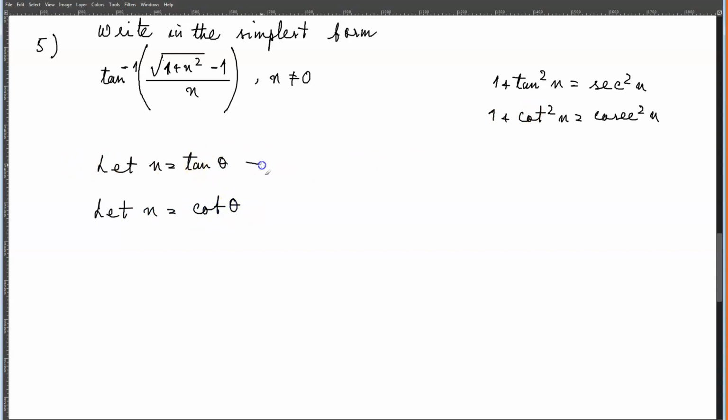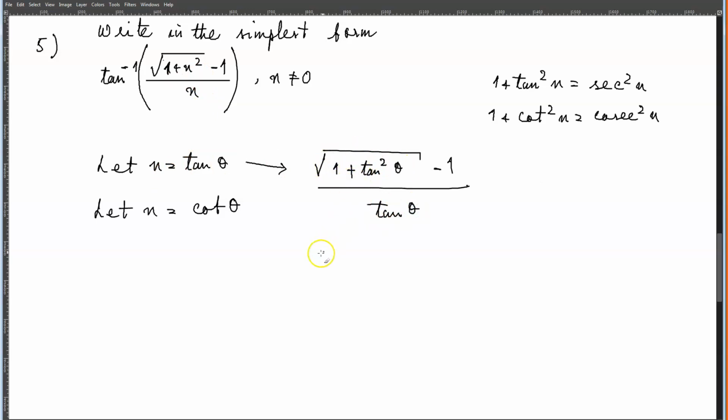If I say this one, then this whole expression becomes the square root of 1 plus x squared, which is tan squared theta, for example, minus 1 over x, which would again be tan of theta.